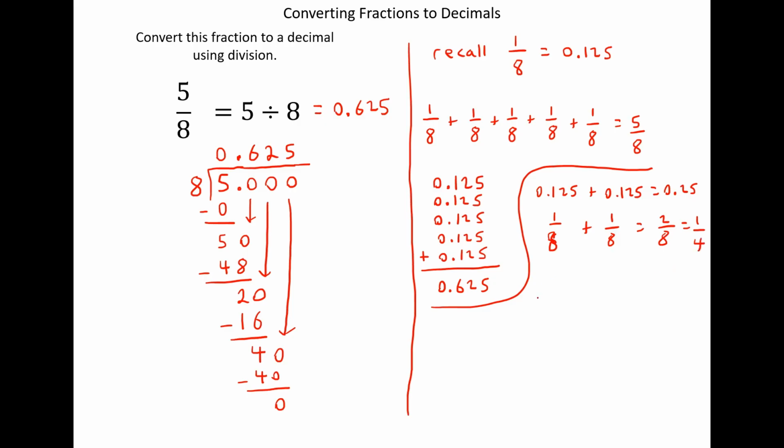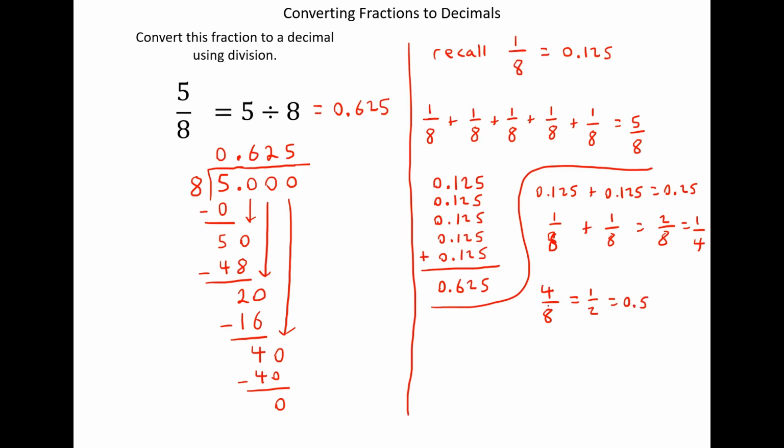That's 1/4. So if that's true, from what I said, that 1/8 is half of 1/4, half of a half is actually 1/4. Hence, if I had 4 over 8, it would be 1/2. And 1/2 is just 0.5.